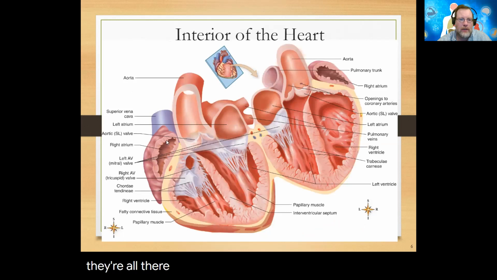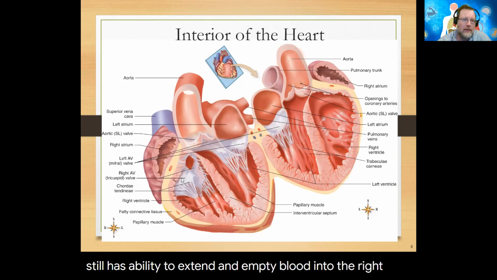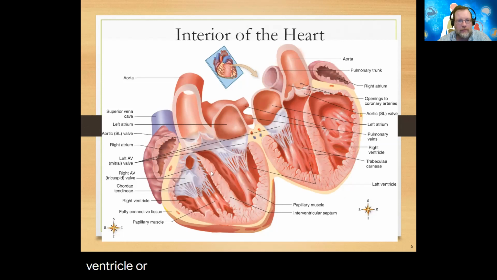Their muscle tissue is similar to what we'd maybe see with bladder tissue. It's smooth muscle tissue, and it still has the ability to extend and empty blood into the right ventricle or the left ventricle.